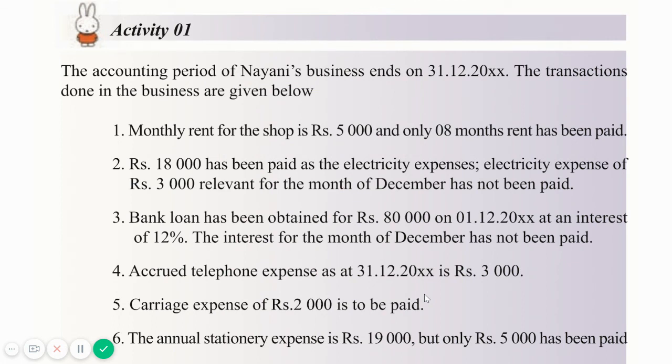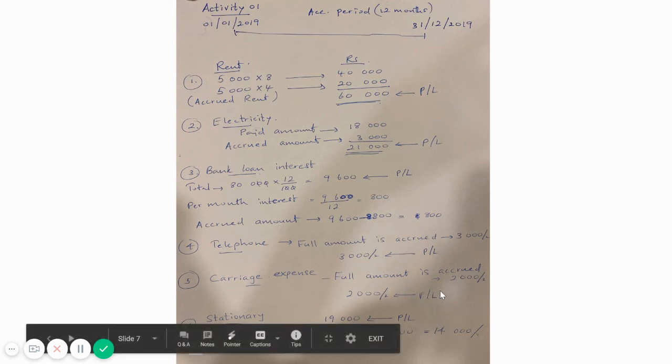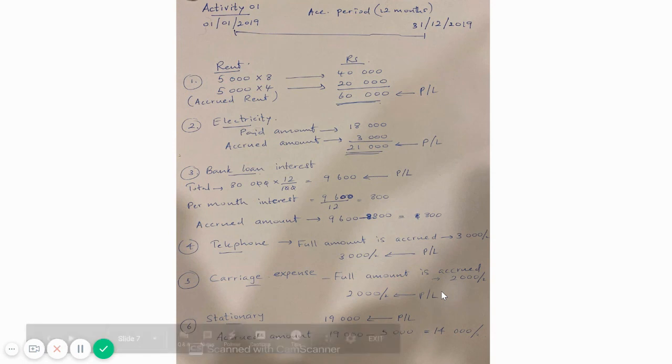I mean the whole amount which is relevant for the period, the total amount will be 19,000, but only 5,000 has been paid. Therefore, the amount which has not been paid will be 14,000, which is 19,000 minus 5,000. So 19,000 must be shown under profit or loss as the stationery expense, and 14,000 must be shown as the current liability in the statement of financial position.